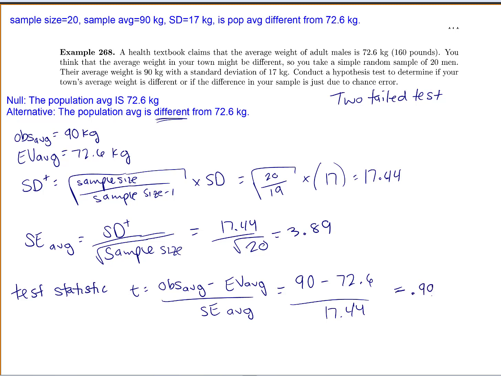Which gives me 0.997. Sorry, I just looked at the wrong number again. I need to use my standard error, which is 3.89. Try that again. 90 minus 72.6 divided by 3.89 gives me 4.47. So we are 4.47 standard errors away from our expected value.